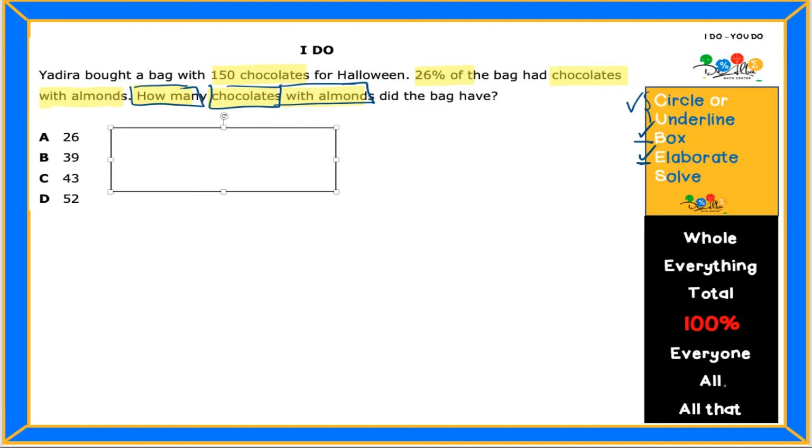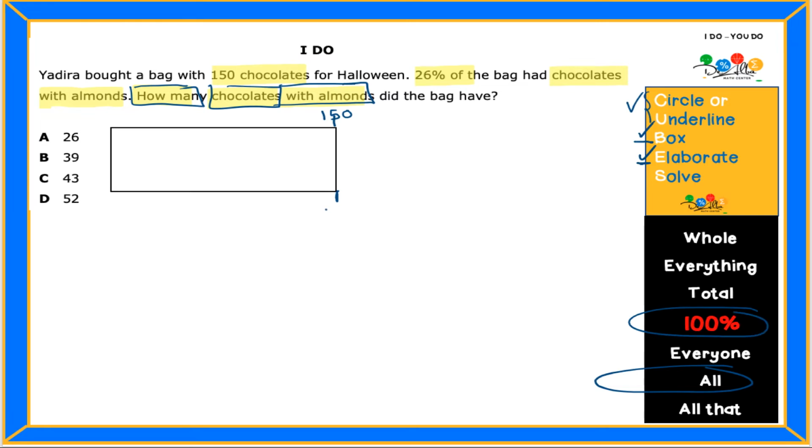Let's look in our problem: what is all the chocolates? Yes, it's 150. So I'm going to record the number. This is 150, so it's all of the chocolates.